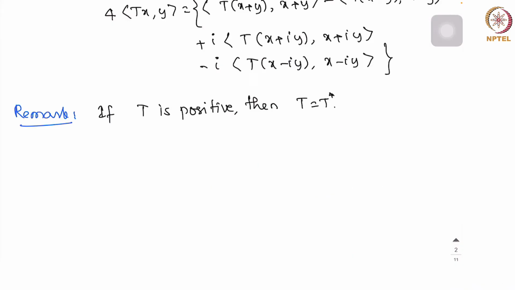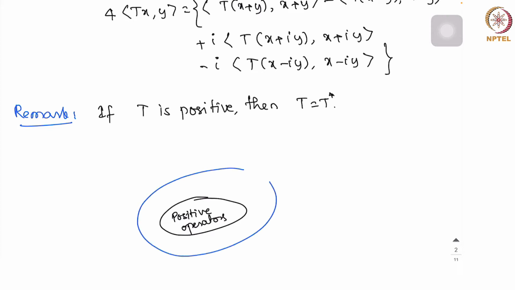Here we describe the relation between the earlier classes of operators that we have already discussed. So here the smallest is the set of all positive operators, and positive operators are included in the set of all self-adjoint operators.